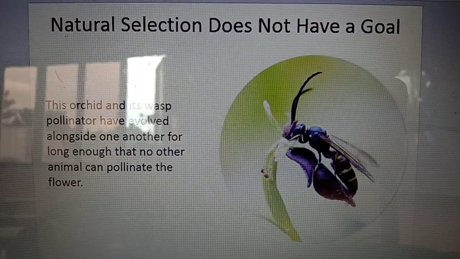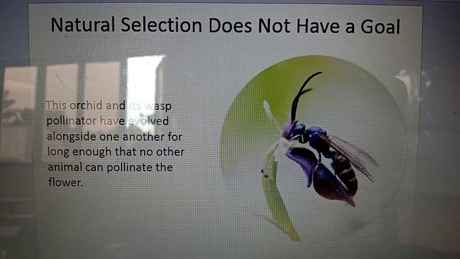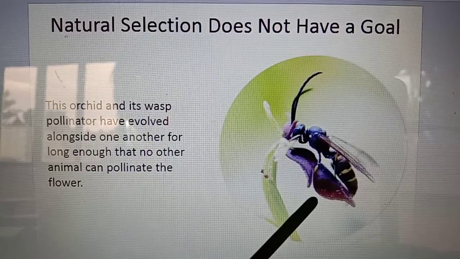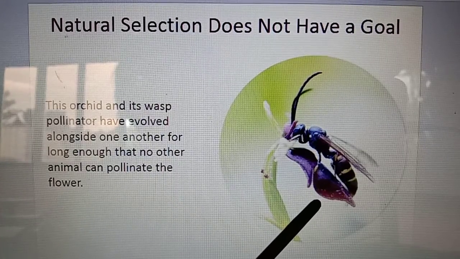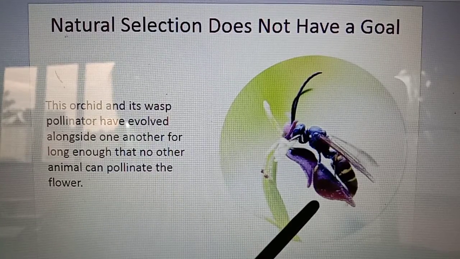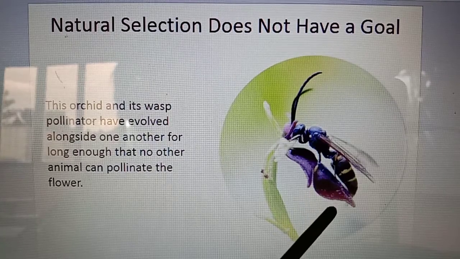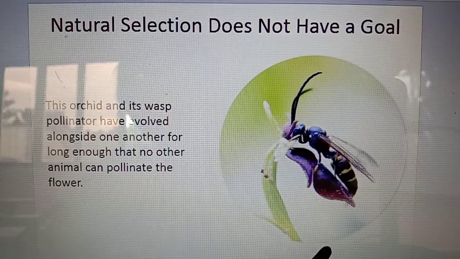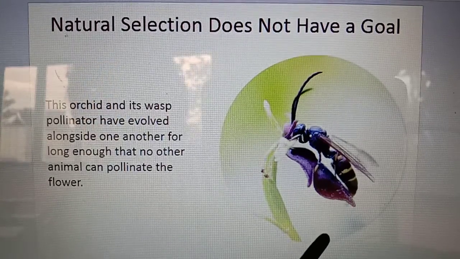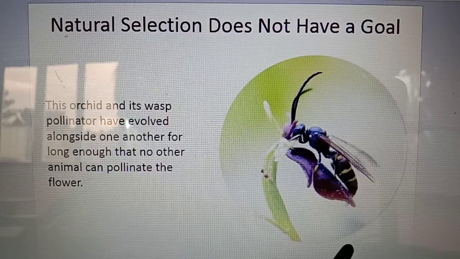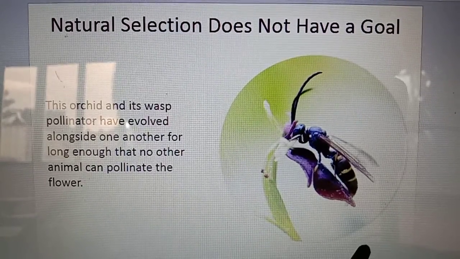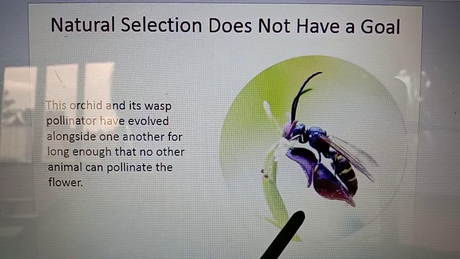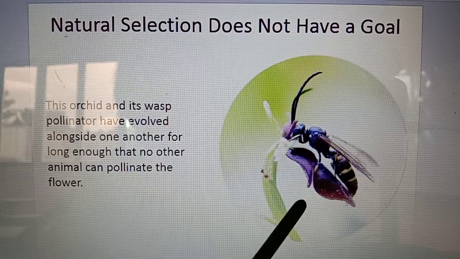And we should know that natural selection does not have a goal. Look at this orchid. This orchid and its wasp pollinator have evolved alongside one another for long enough that no other animal can pollinate the flower. But the orchid does not evolve in order to be better pollinated by the wasp.